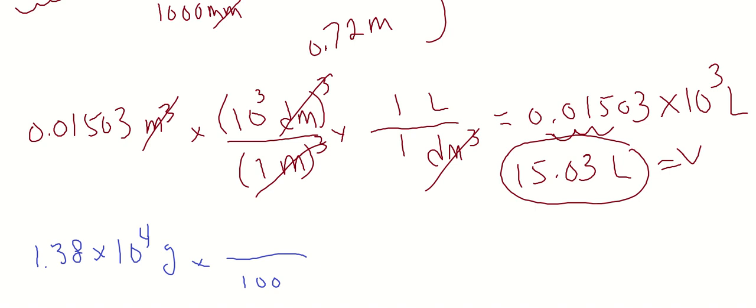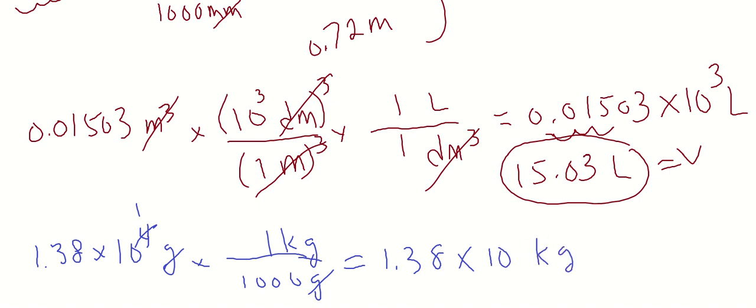There are 1,000 grams in 1 kilogram, because kilo means 1,000 times bigger. Since we're dividing by 1,000, we can just lower that exponent by 3, and our answer will be 1.38 times 10 kilograms. We can rewrite that as 13.8 kilograms, because 1.38 times 10 is 13.8.